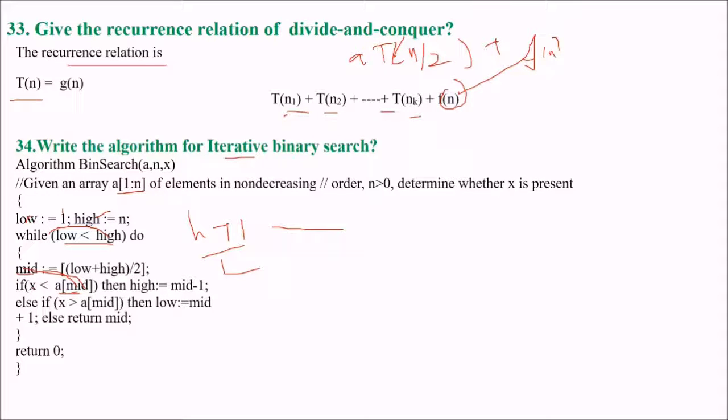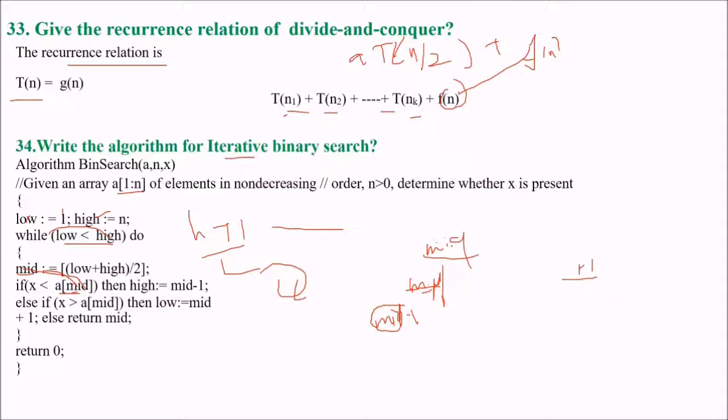So if x is less than a[mid], then what we are going to do is, if this is low, this is high, and we have computed the mid, then we'll take high now as mid minus 1. Now for the next iteration, we'll only carry on with low and mid minus 1.